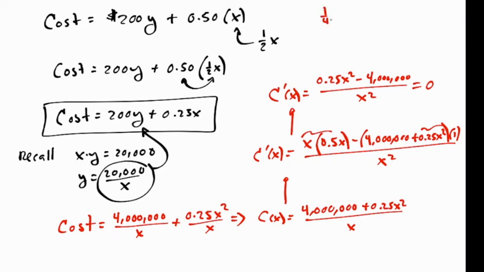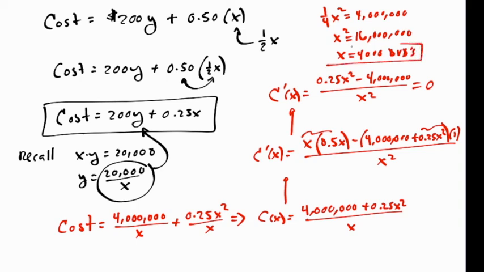So we have 1/4 x squared equal to 4 million. That means that x squared is equal to 16 million, and that x is 4,000 DVDs.